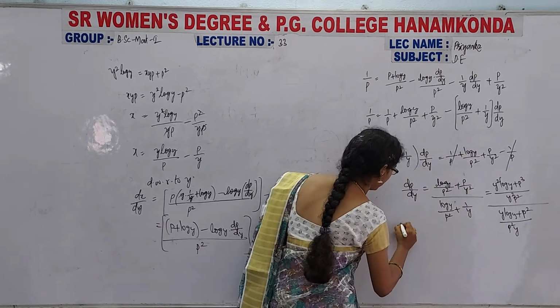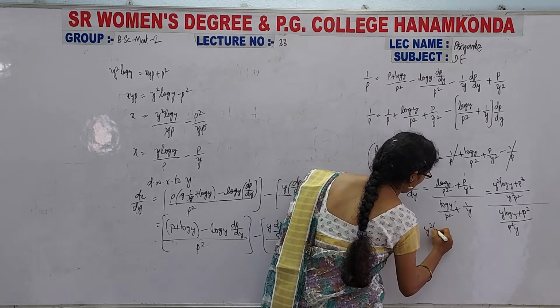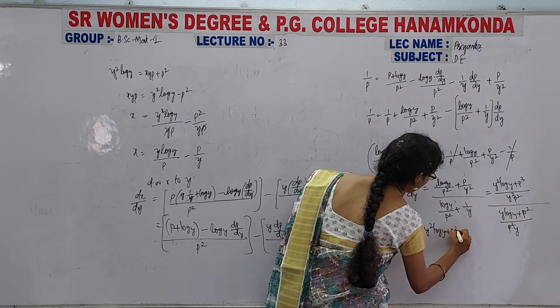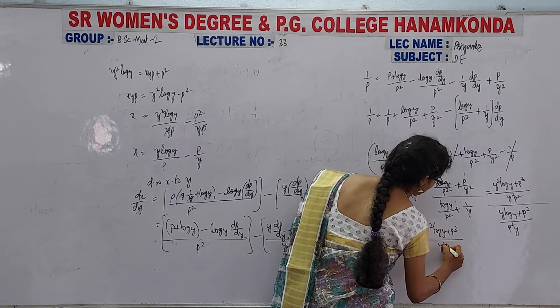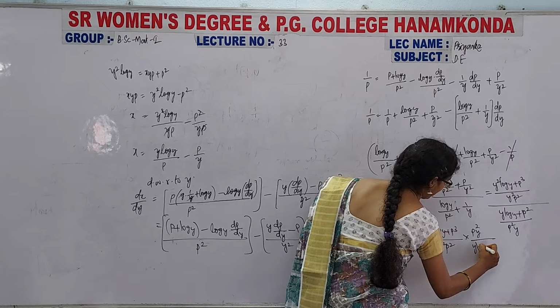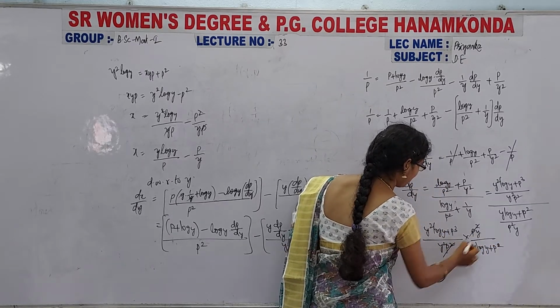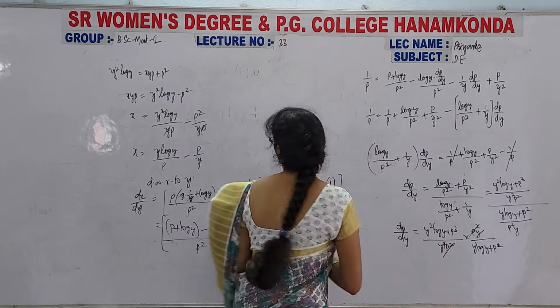So now here I am writing it as dp by dy equal to y square log y plus p cube by y square p square into p square y by y log y plus p square. Now p square y get cancelled.